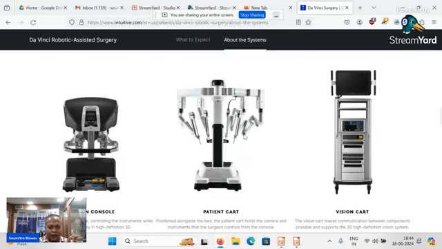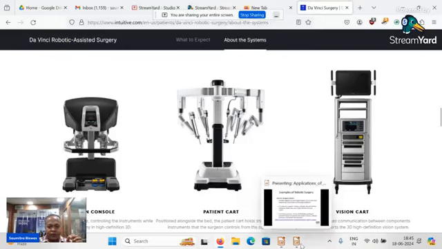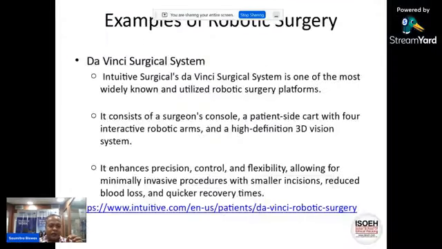So at the same time, you can think of 2 surgeons working on the patient at the same time. And these are 2 separate systems. This is the vision cart, this is the surgeon console, and this is where the actual surgery will be performed. Okay, enough of that. Let me go back to my presentation.